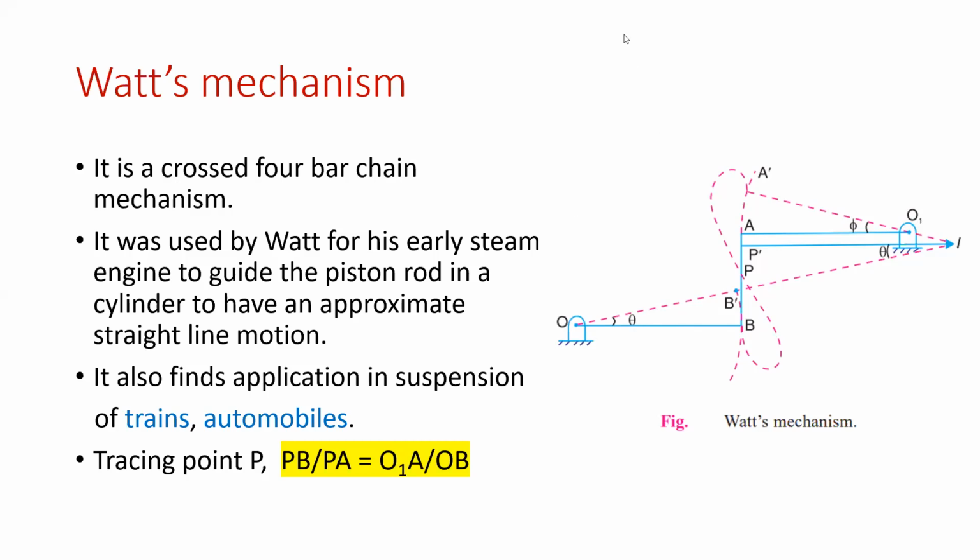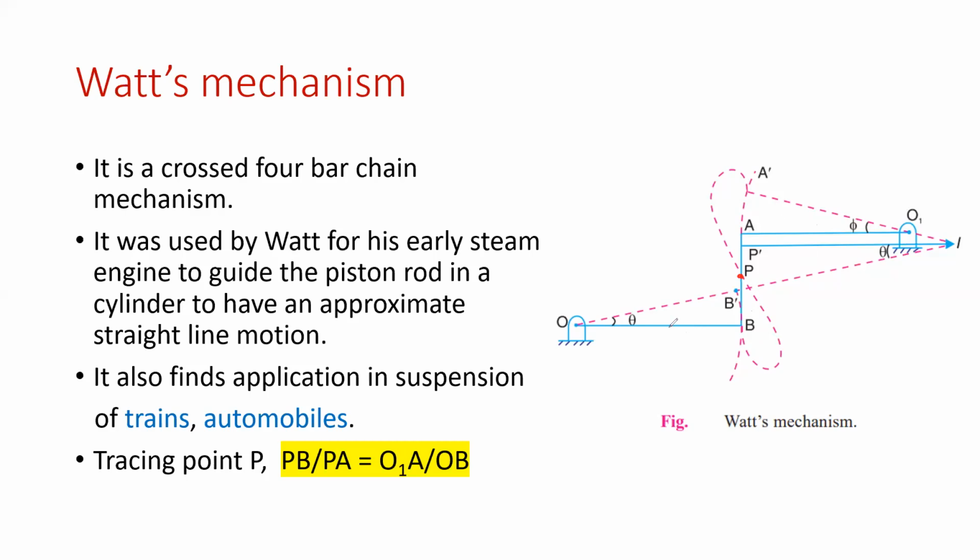So how will it perform? You can see there will be a point P on the link AB, that is the coupling rod AB, which connects to the links OB and O1A.